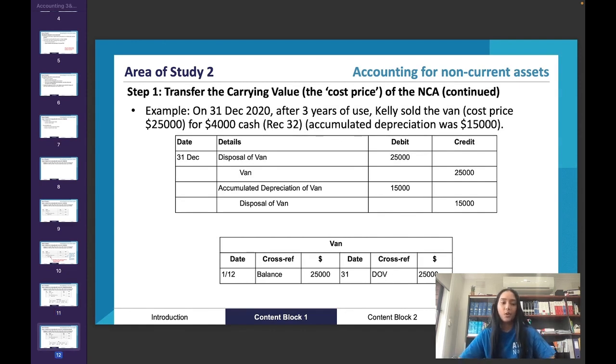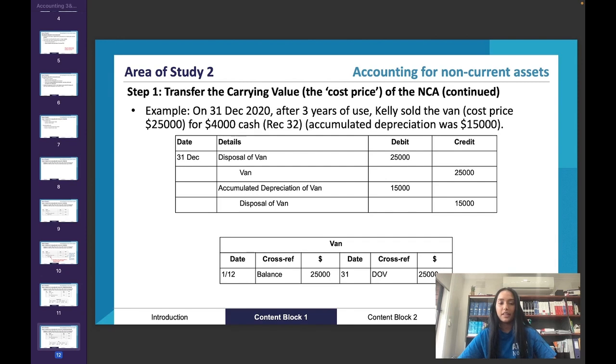And this is how the van ledger account looks after this transferring. So we can see that on the debit side, we have a debit entry of $25,000 and the cross reference is balance. So that is just the balance of the van, which is that $25,000.